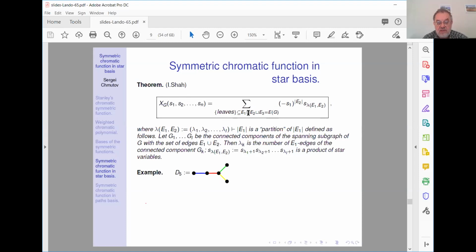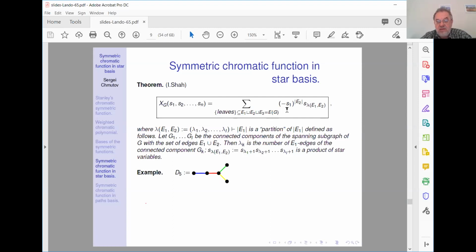So I represent the edges as a union of 3 disjoint, non-intersecting parts, E sub 1, E sub 2, E sub 3. E sub 1 is supposed to contain all leaf edges, the edges which end up with a point of degree 1. That is going to be in one part, and there are 2 other parts.